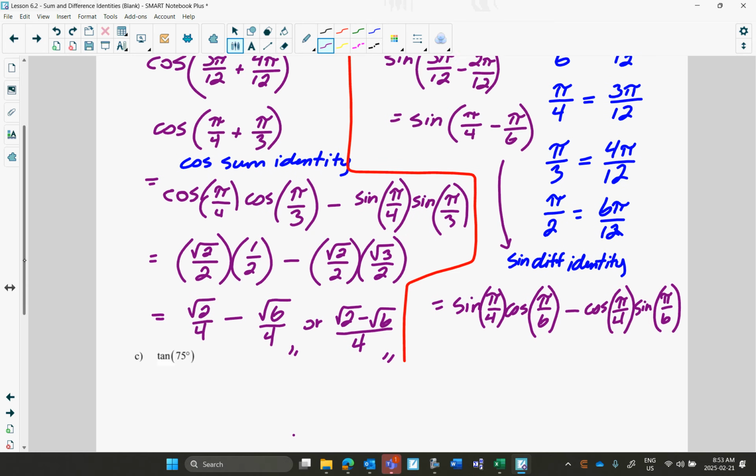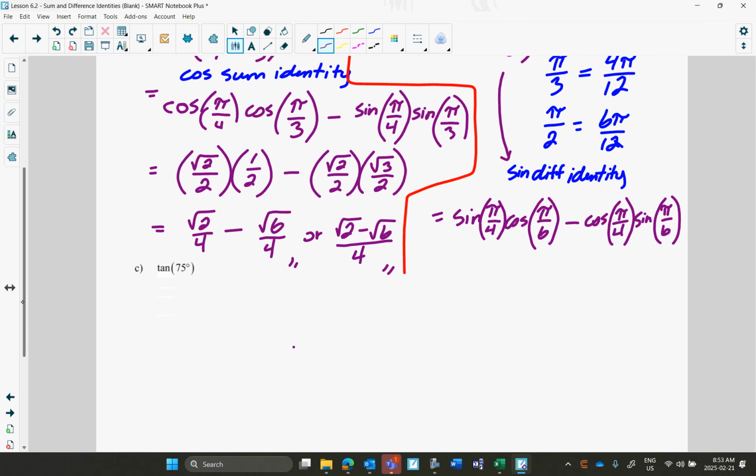And now we go to our knowledge of the unit circle to actually find the sine and cos of all these angles, multiply those values together, subtract them to get the answer.